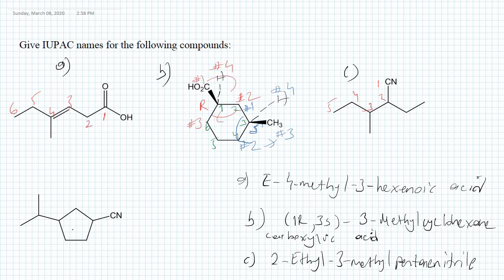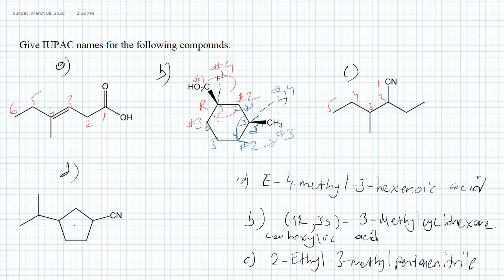Okay, let's look at the last one. D is again a nitrile, but the nitrile functionality is next to a ring. When we have this situation, we say carbonitrile. In carboxylic acid, it's cycloalkane carboxylic acid.